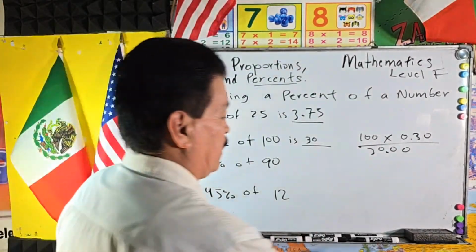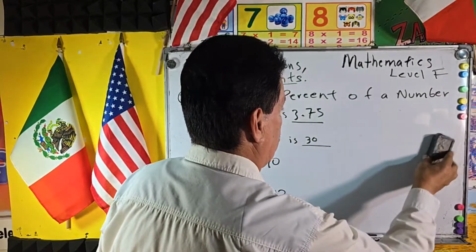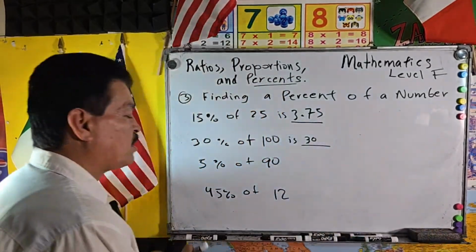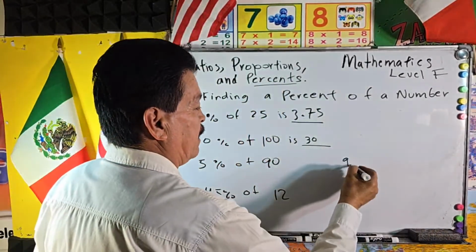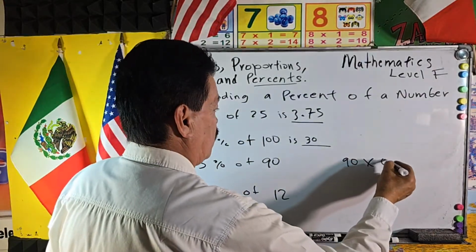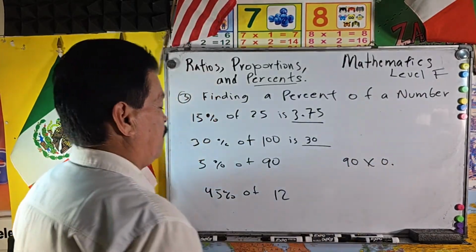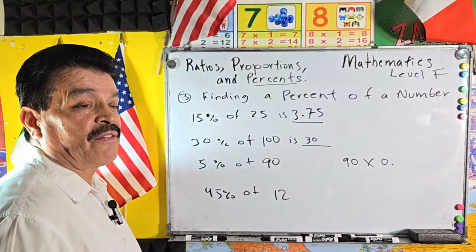Let's go with the next one. 5% of 90. 90 times 0.05. How to write 5%?